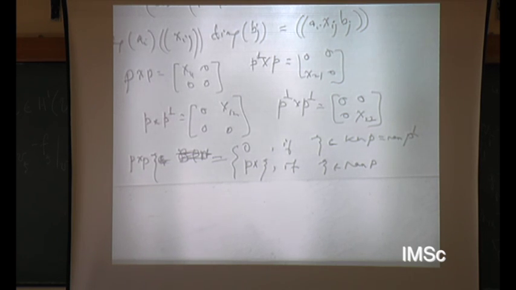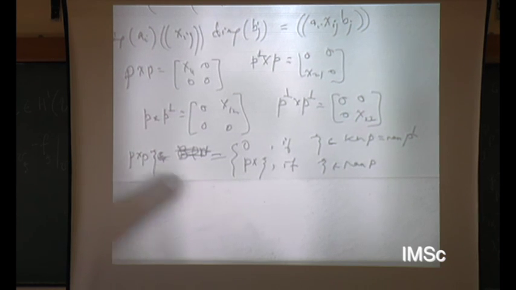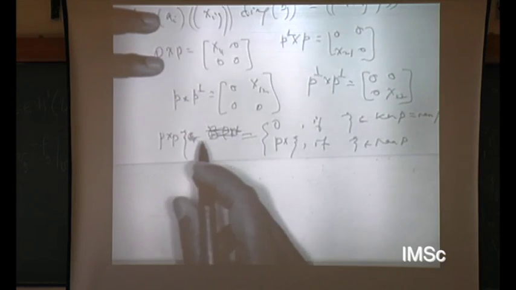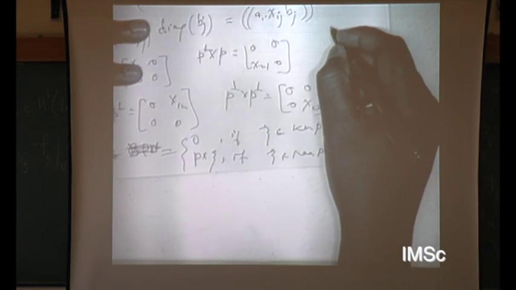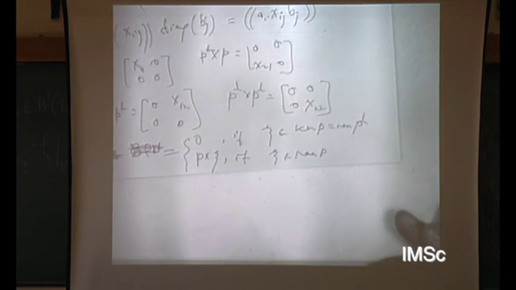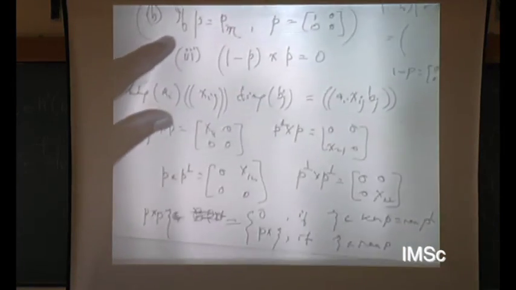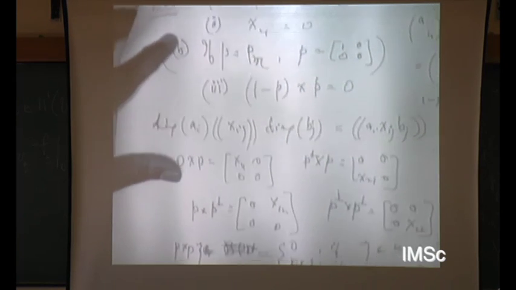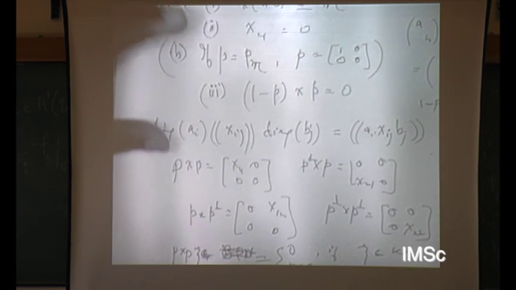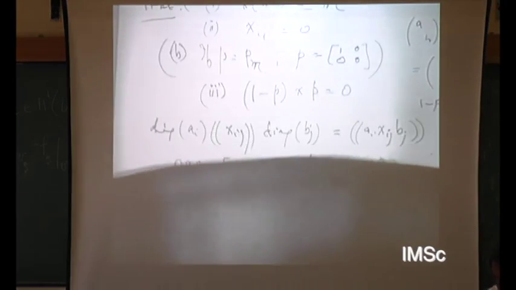So if you want to get an operator on M, then you must kill off the remaining part. So PXP does exactly this. So in fact, one calls this X11. Okay, so let me go back to this and introduce some terminology.